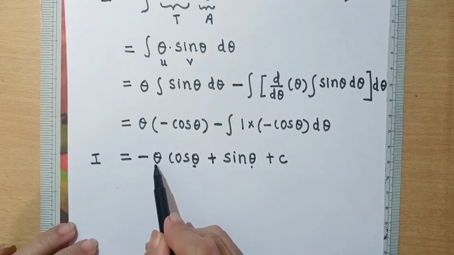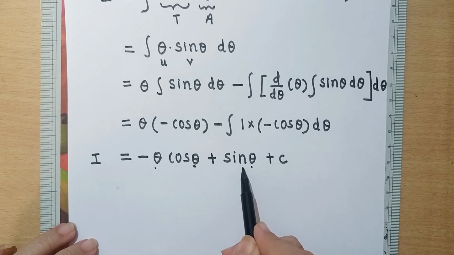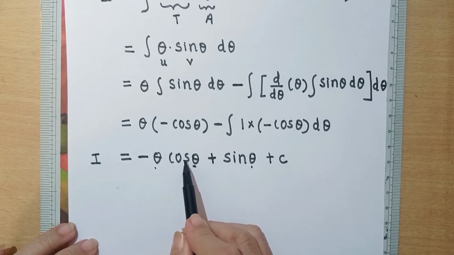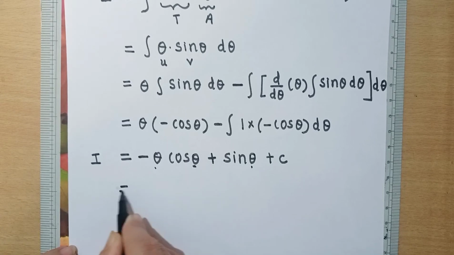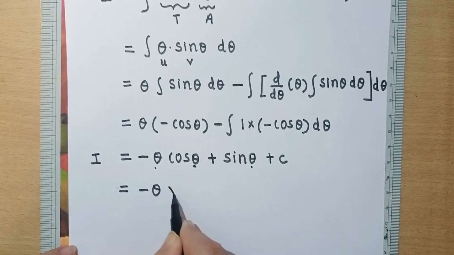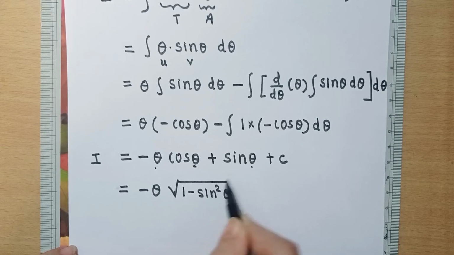So again we know theta means sine inverse of t. Sine theta means also t, we know. So we have to again change in terms of sine theta. So cos theta we will write as under root of cos square theta, and cos square theta means 1 minus sine square theta, and then this as it is.